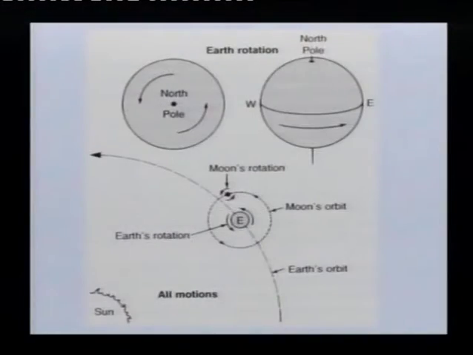Strangely enough, all movements in the solar system, which includes the orbits of the planets around the sun, the rotations of the planets on their axis, and the movement of the moons around their planets, are all the same, and they all rotate in an anti-clockwise direction.